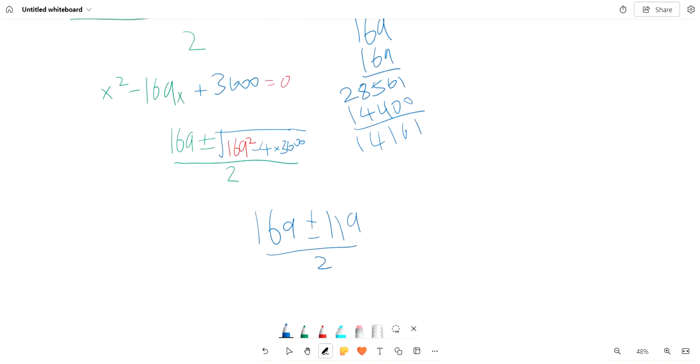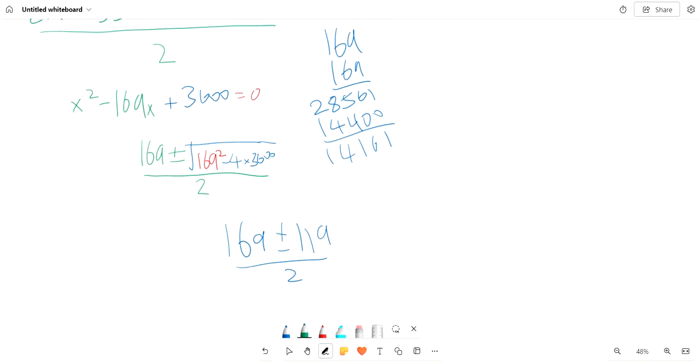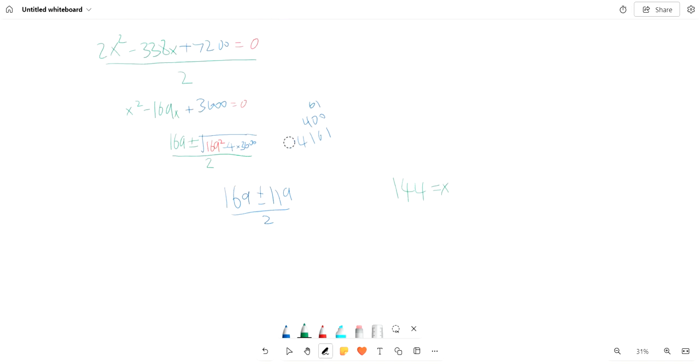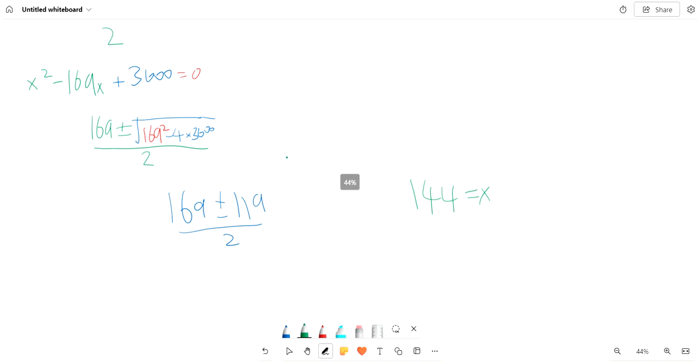And we know that x, it doesn't really matter plus or minus, because it's going to give us the same result. So let's take the plus, and we get 169 plus 119, so you get 288 over 2, so you get 144 as x. Or we can do the other way, where it's 169 minus 119, and we get 50.